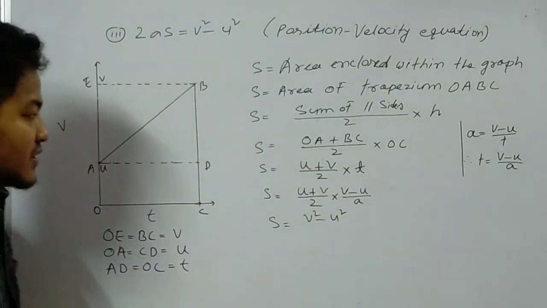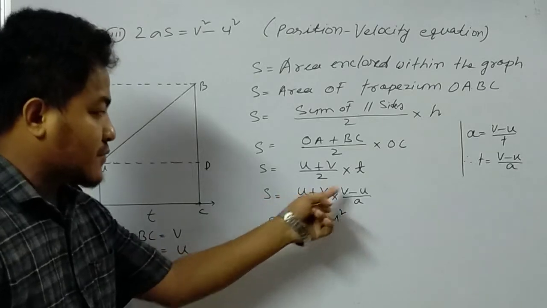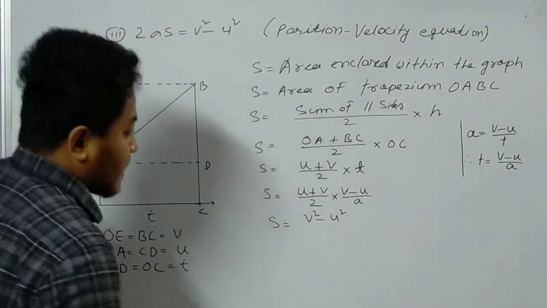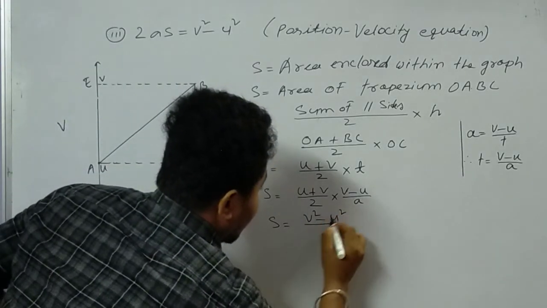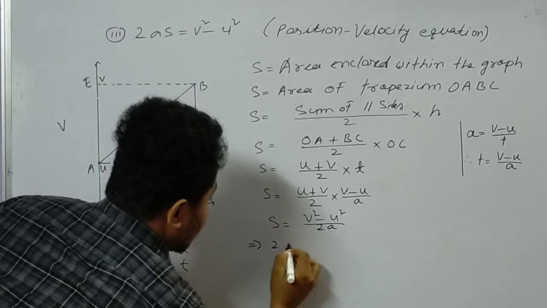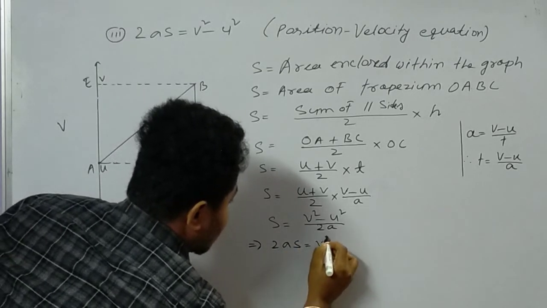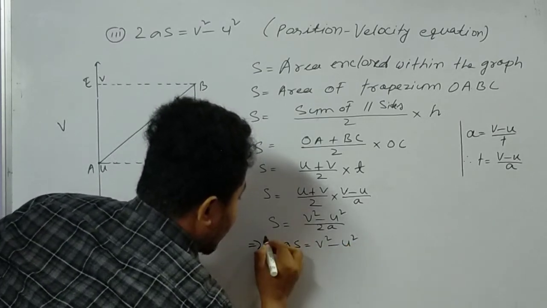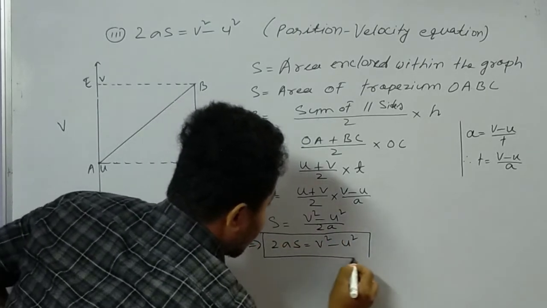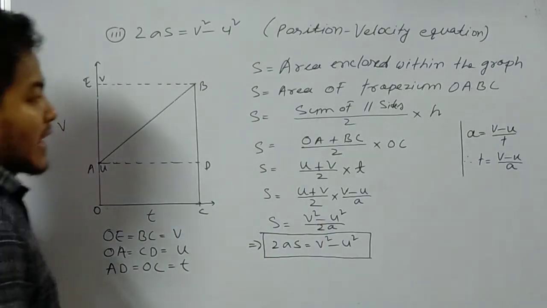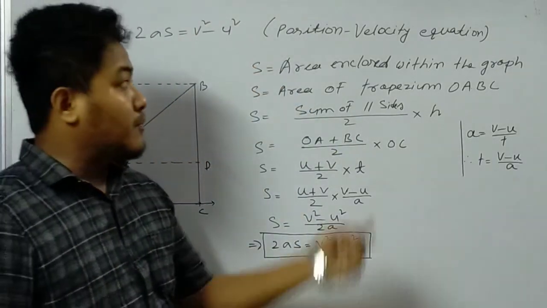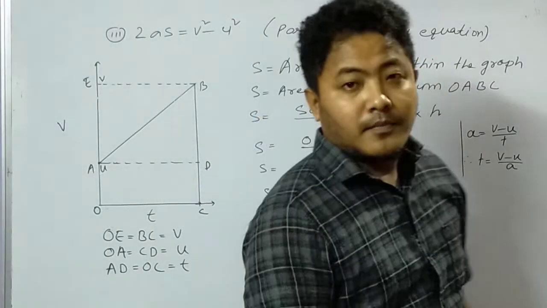If I write V plus U and V minus U, this is V square minus U square. And below, we take twice A, this implies twice AS is equal to V square minus U square. Hence this is the required kinematic equation we had to prove: twice AS is equal to V square minus U square, the position velocity equation.